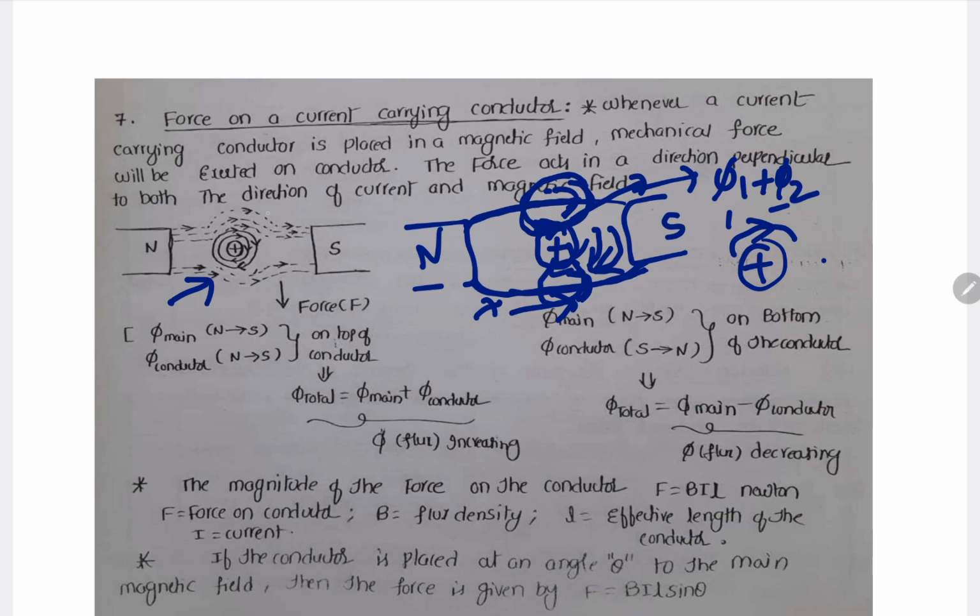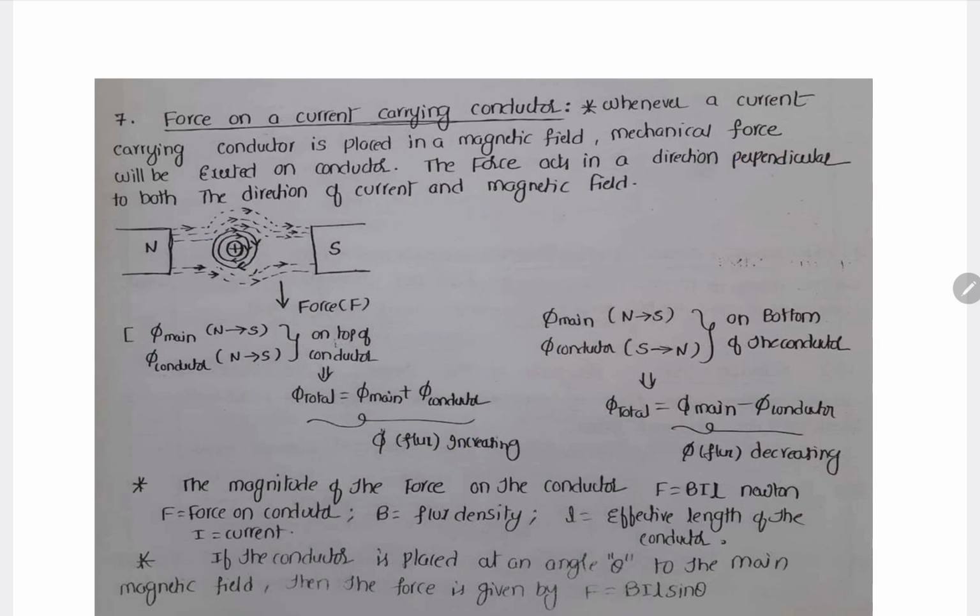So you see, on the top of the conductor the main field flux is from north pole to south pole like this, and the conductor flux is also in the same direction, north pole to south pole. Both fluxes get added.